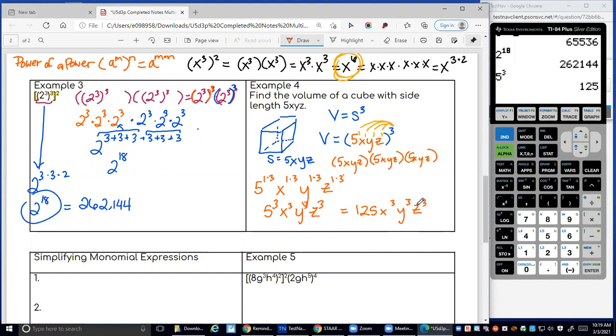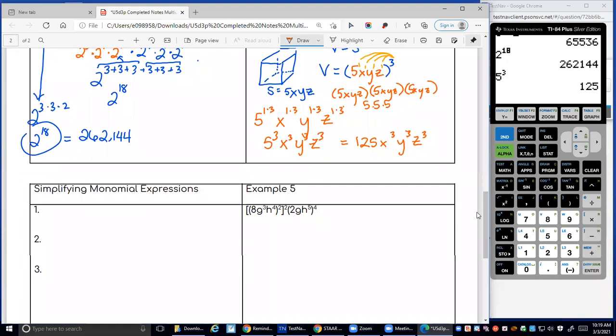If you made a slightly different answer, a real common coefficient was 15. That might have been the mistake there: although we're adding the exponents, we are simply multiplying the 5s, right? 5 times 5 times 5. That's how we got 125. So do you see your mistake if you made it? Okay, hopefully.